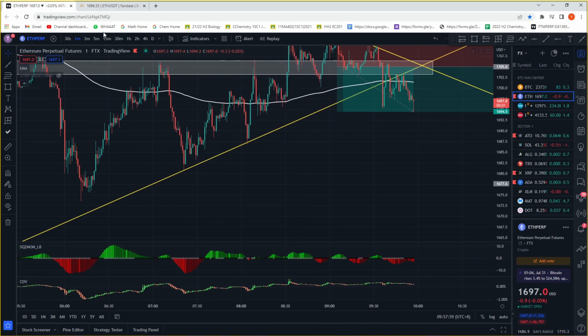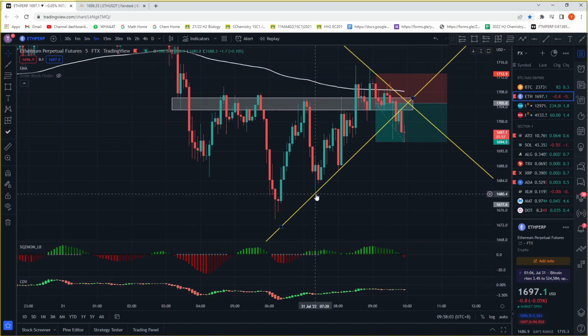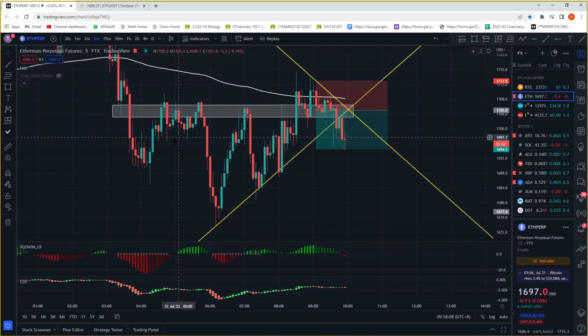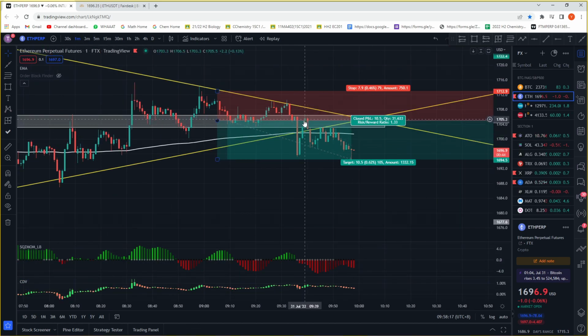So we have the breakdown, and we broke this strong trend line. If we look on the chart here, this is a trend line that bounced once, twice, and basically is this ascending triangle formation that it's trying to form. So it broke that very strongly, but the problem here was it pushed back up, which was very dangerous for my trade.